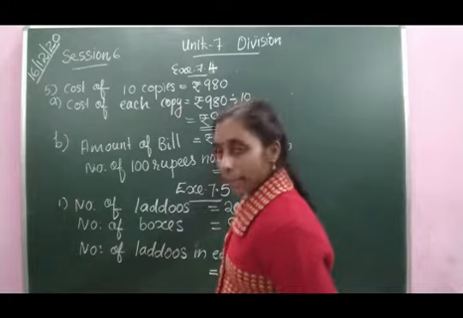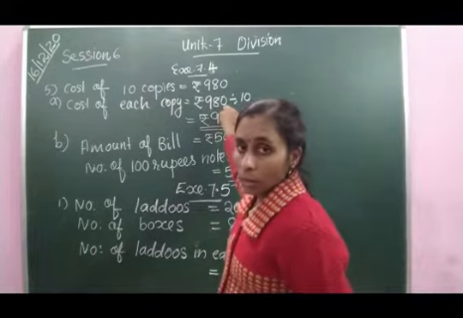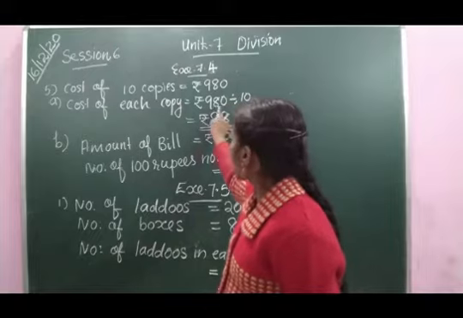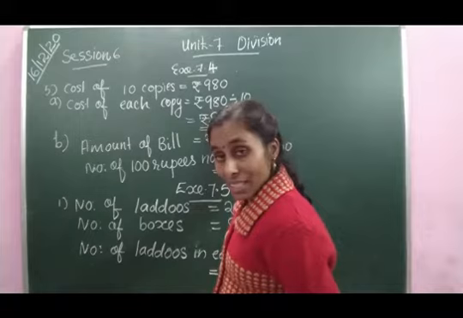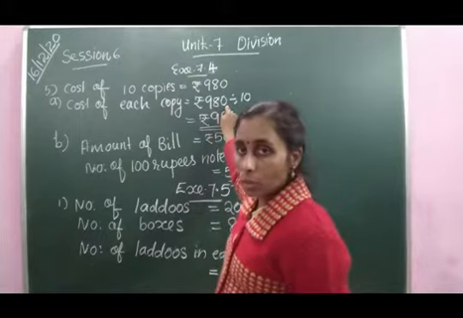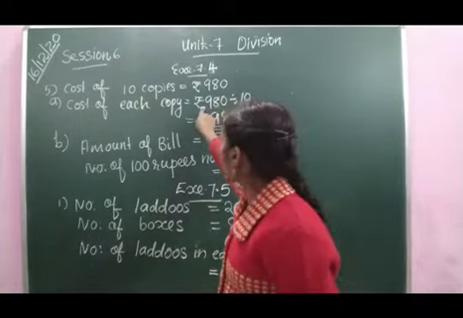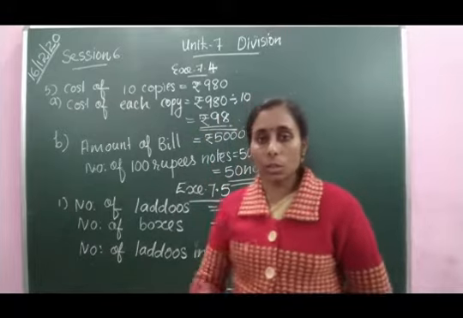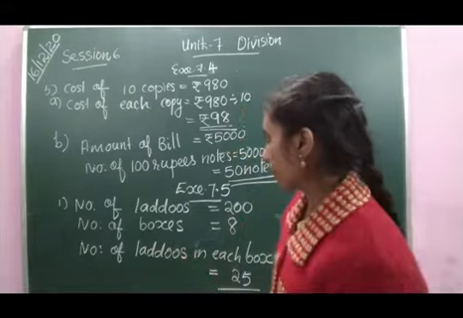For dividing by 10, the last one number is changed into remainder and the rest of the number changes into quotient. So here 0 is in ones place. So 0 means nothing. The rest of the number, 98, is changed into quotient. That means 98 rupees. Cost of one notebook is 98 rupees.